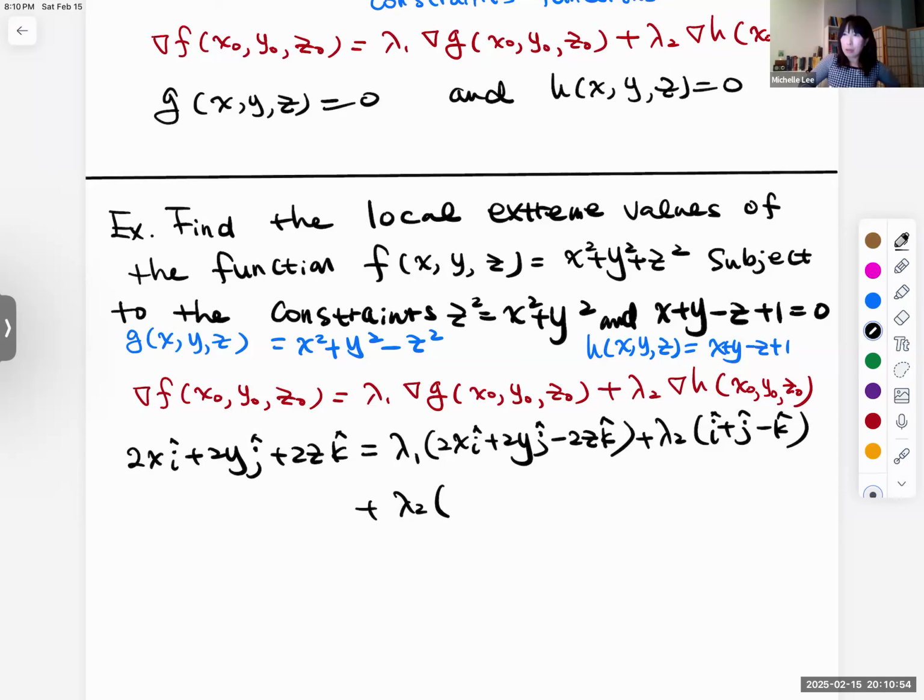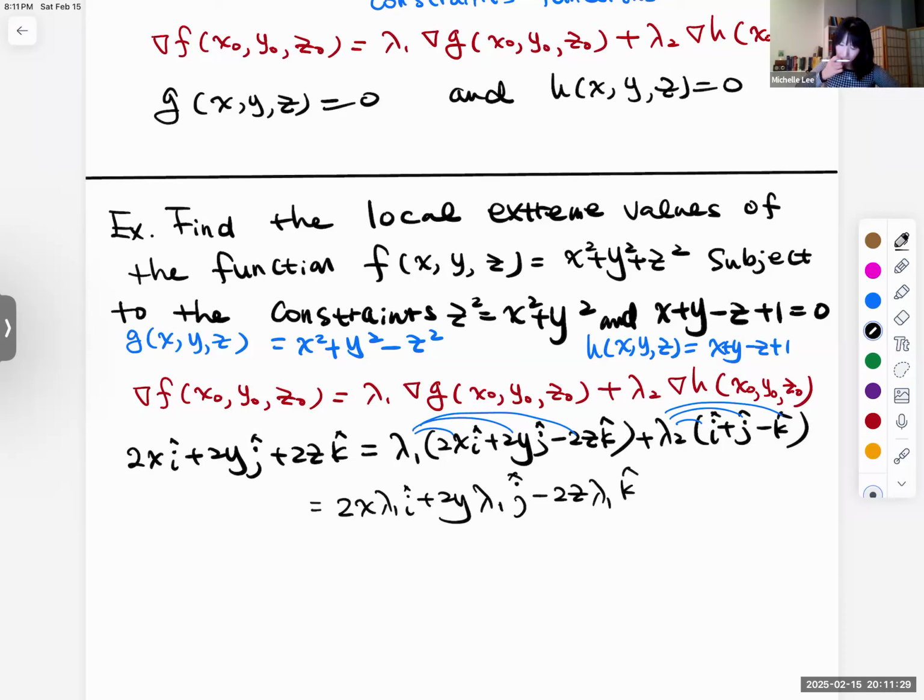Okay, now let's distribute. We will have 2x lambda 1 i hat plus 2y lambda 1 j hat minus 2z lambda 1 k hat, right?